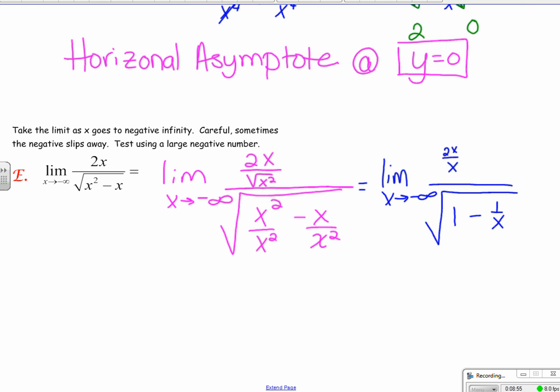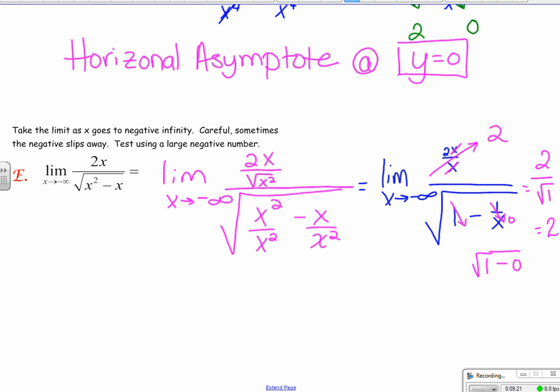If I let this go to infinity, we know this is canceling. This limit will be 2 because the limit of a constant is itself, 2. The limit of a constant will give me 1. So I'd have the square root of 1 minus 0, minus 0. So here I have 2 divided by the square root of 1 gives me a limit of 2.